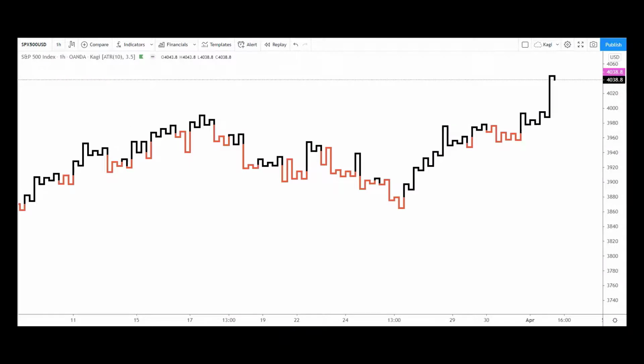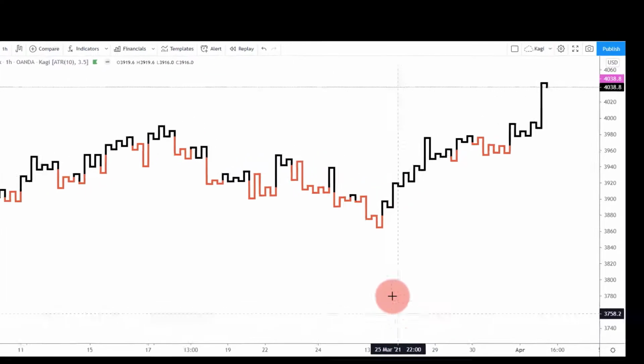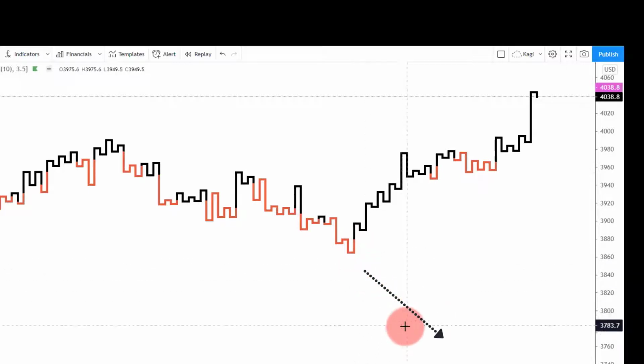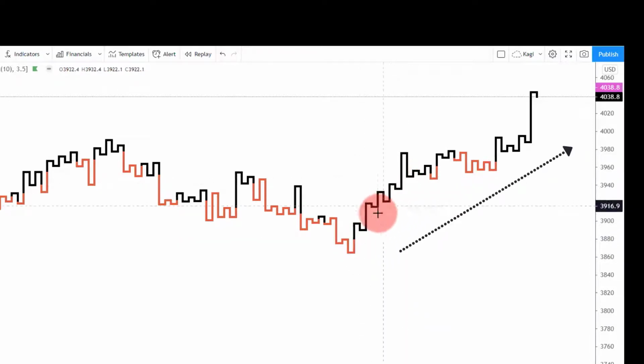So here is our S&P 500 1 hour Kagi chart, 3.5 points for a line reversal. This is just to illustrate the idea of the stop loss. So what if, for example, we went for whatever reason short in this zone here? Really poor timing. We want it to come down into the lower 3700s, but actually it reverses and goes against us, and the more it goes against us, the more we lose.